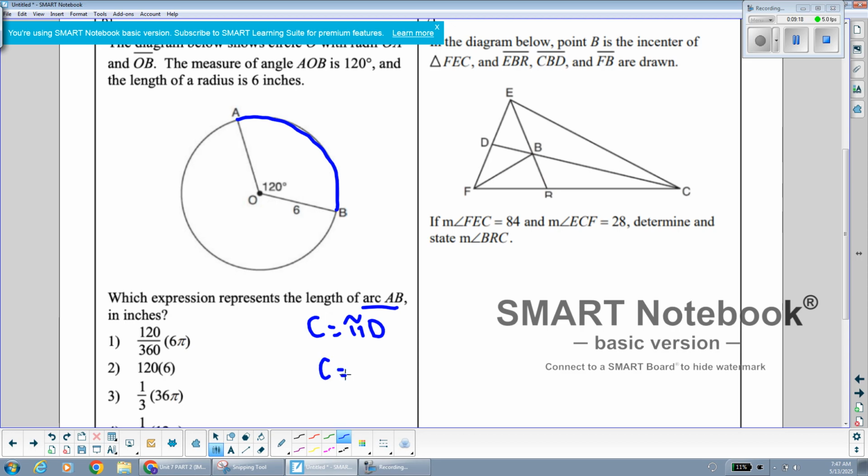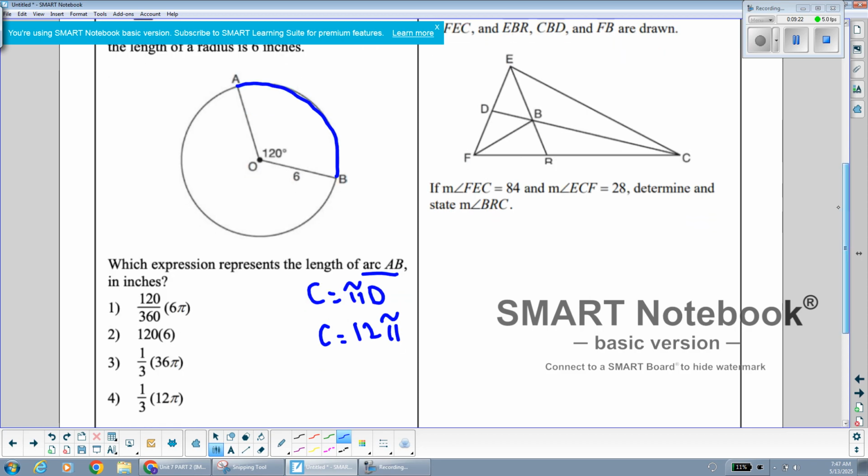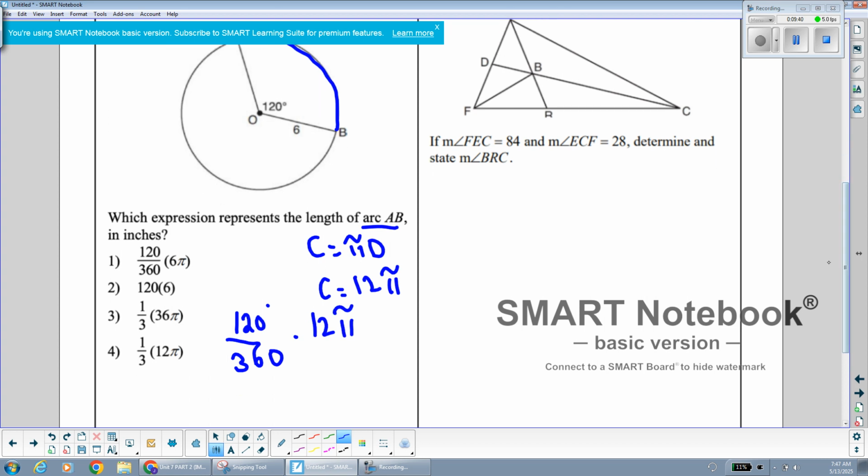So the circumference here would be 12 pi. And then to find the part of the circle, I can do the central angle measure over 360, and that will give me the part of the whole circle that this sector is. And then I can simply just multiply that by the circumference.